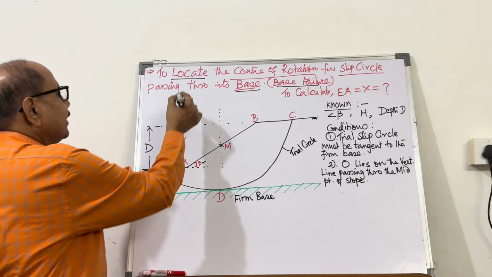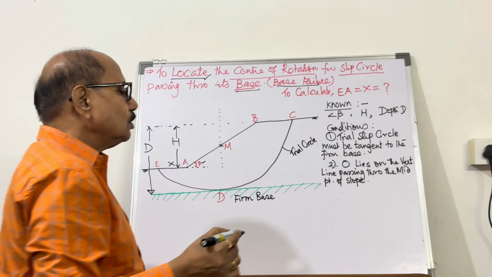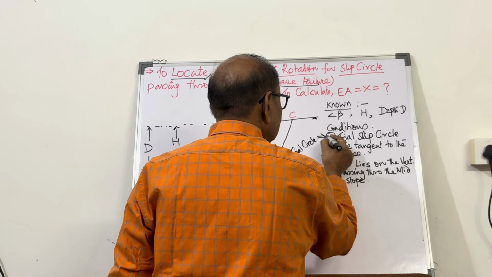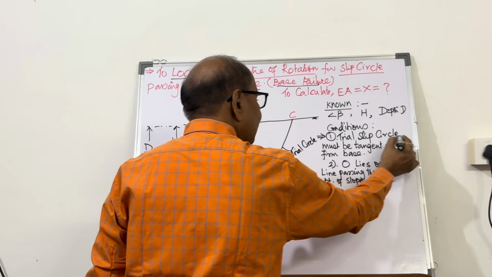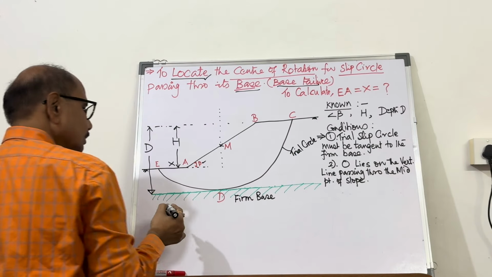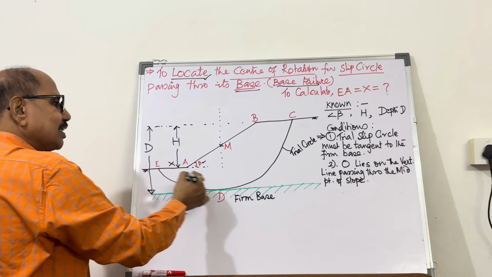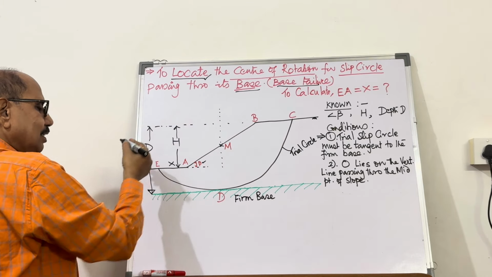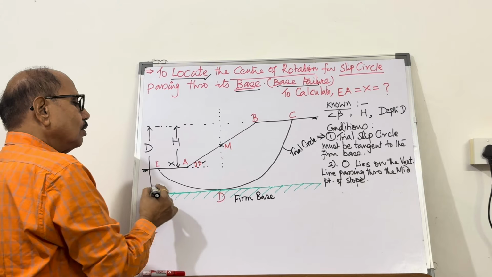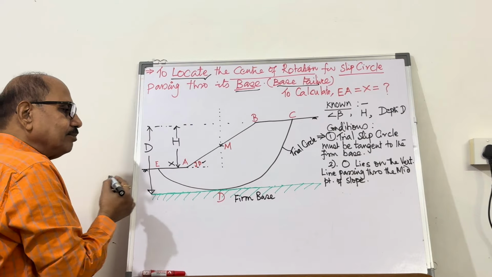And in order to locate the center of rotation O, the conditions that must be fulfilled: number one, the trial slip circle must be tangent to the firm base. So the trial slip circle, which is going below the toe, must be tangent to the firm base.